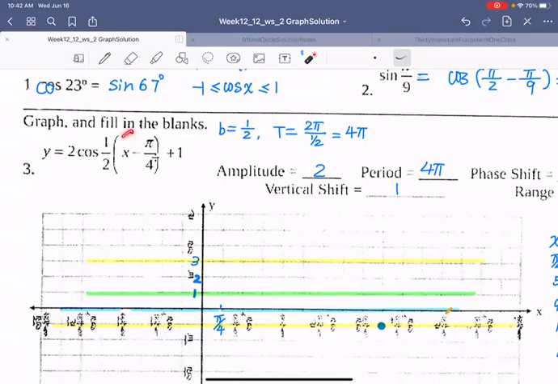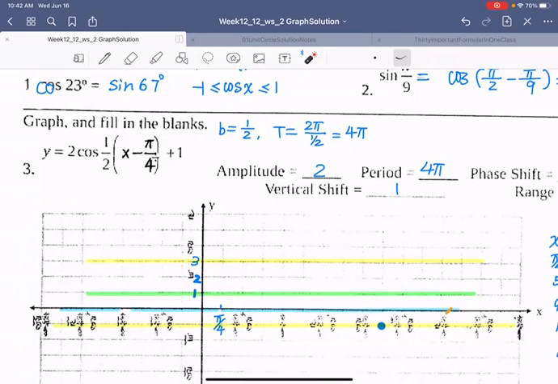Now we want to see here, x minus pi over 4. That means you have a horizontal shift to the right by pi over 4. So at the position of pi over 4, this guy here, Cindy, when x equals pi over 4, can you please tell me y equals how much? 1.